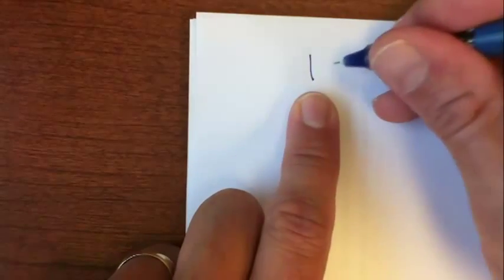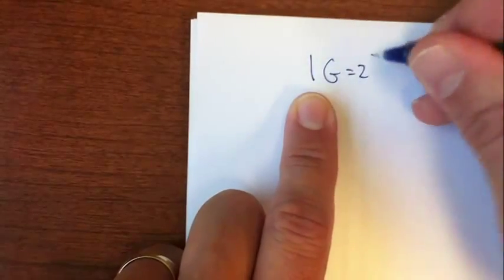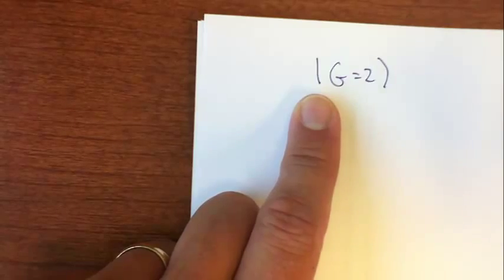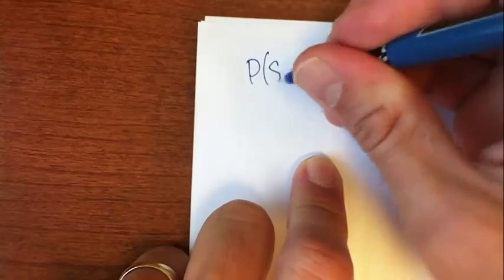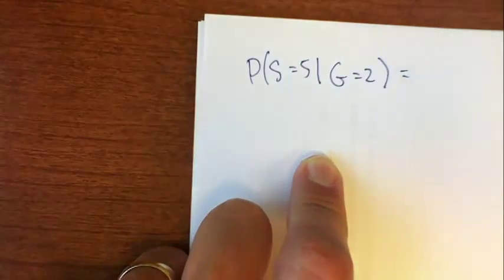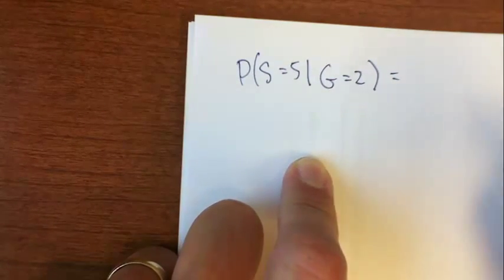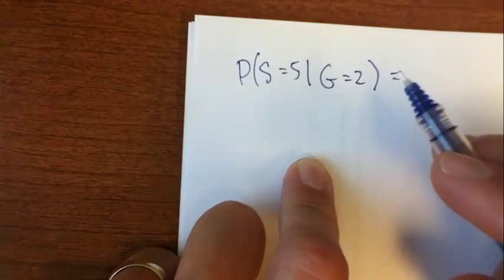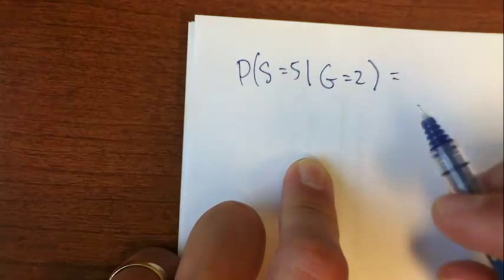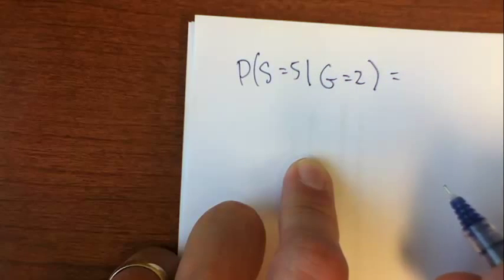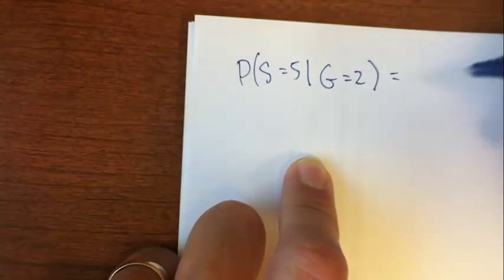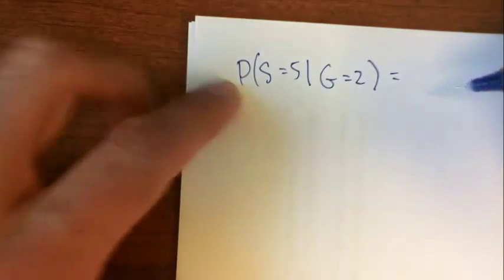So I'm saying given that the green die shows a 2, what is the probability that the sum is 5? Well, now the only way to get a sum of 5 is if the red one shows a 3.